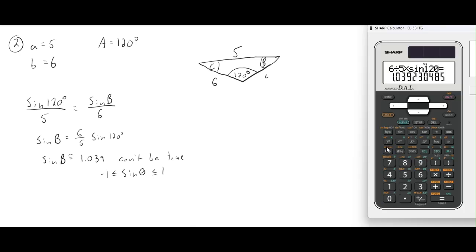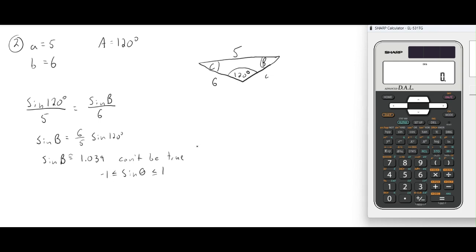What's the calculator going to do if I try to do the inverse sine of this? Oh, it started smoking and exploded. It's like in the old Star Trek episode. Okay, no angles make that true. So it's not you doing something wrong. It's just that you tried to ask the calculator to find an angle that's impossible to find. So it says error.